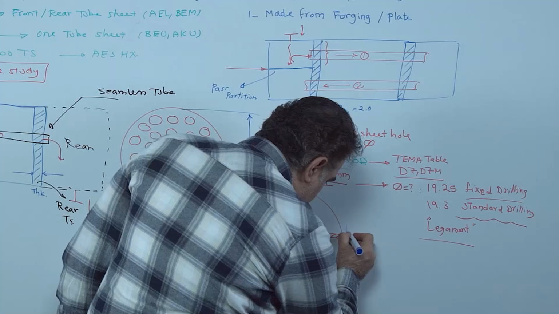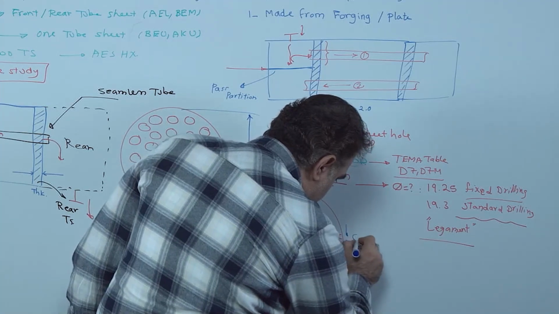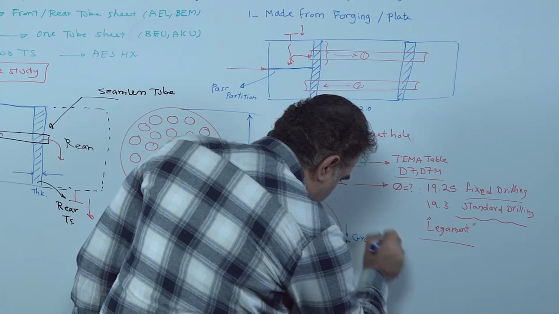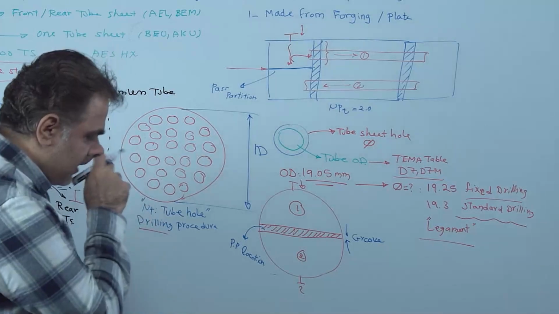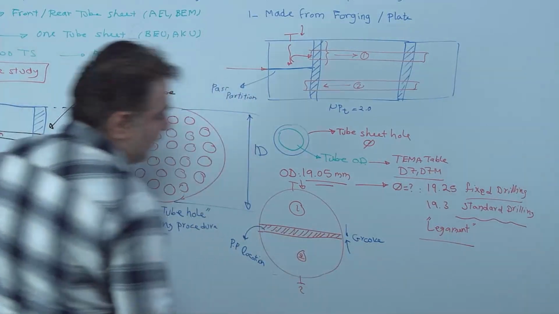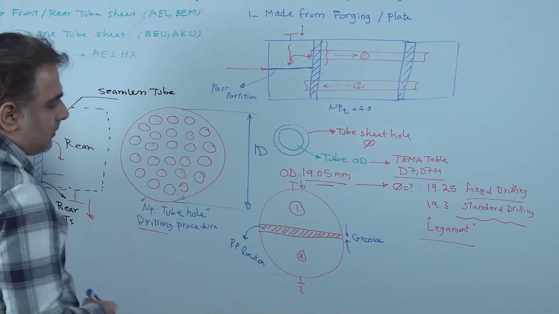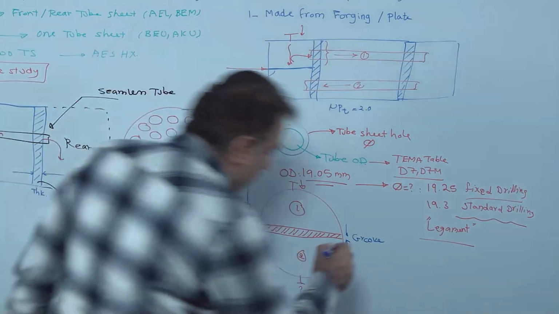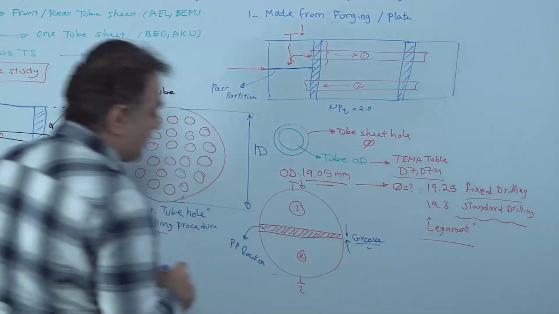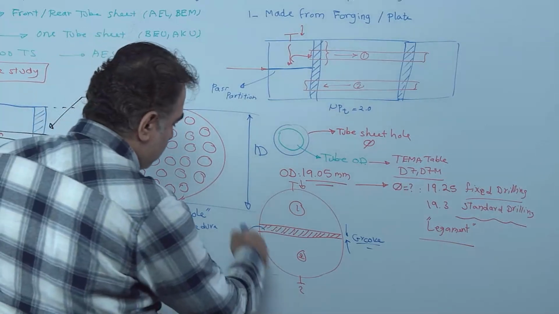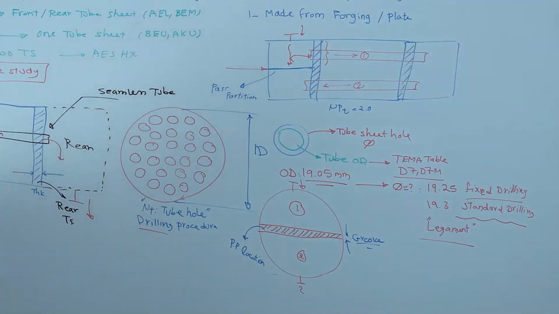This item will be a groove, or path partition groove. This portion is provided by the mechanical engineering team and manufacturer, and is called the path partition groove, the location of the path partition. Therefore, the tube sheet is divided into two segments.